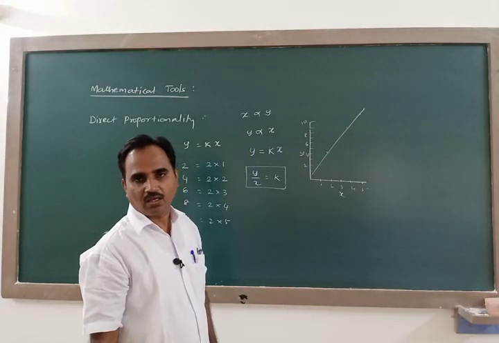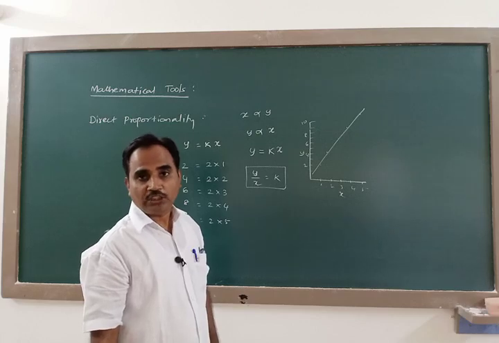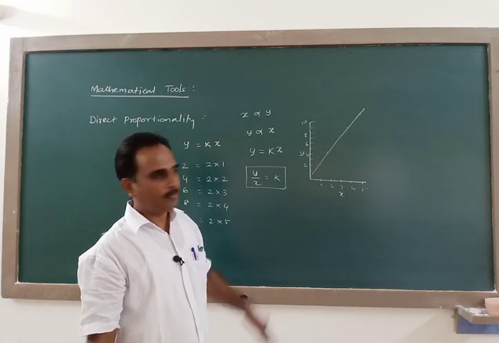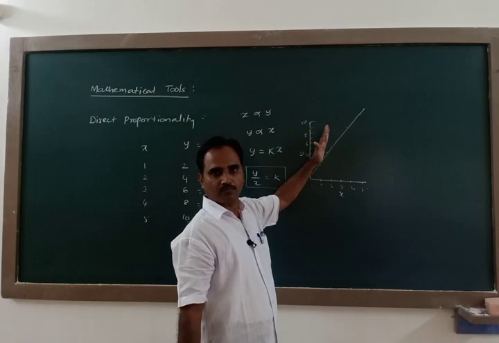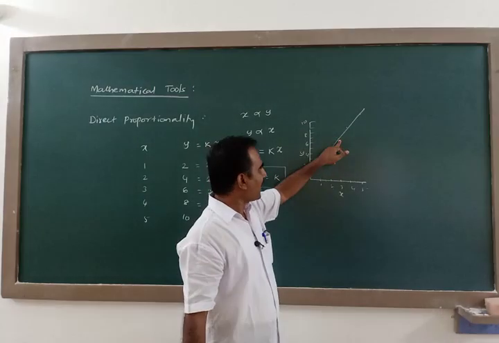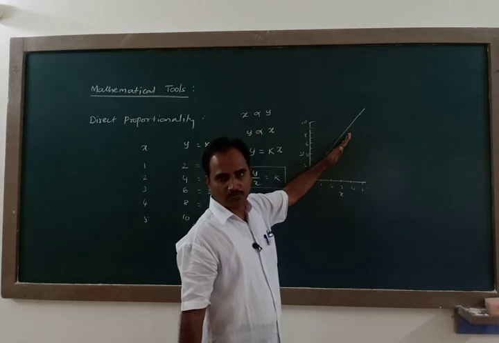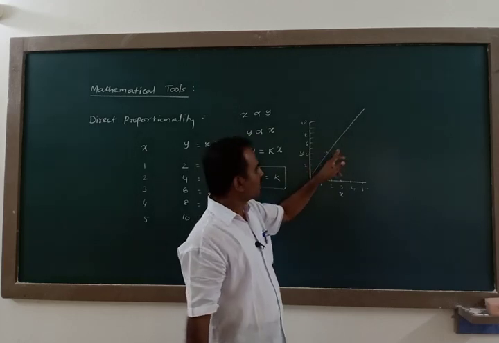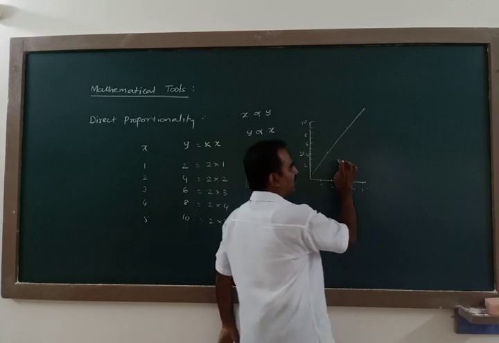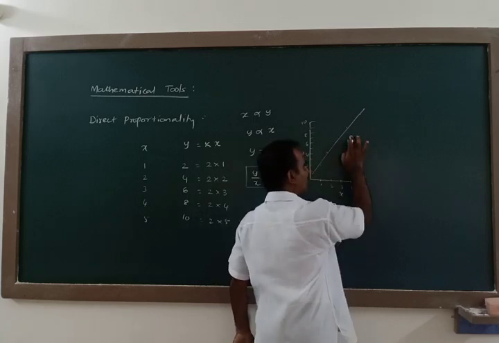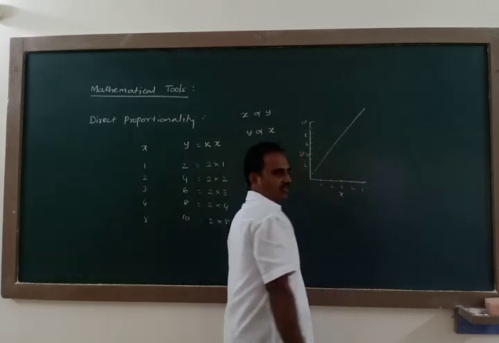Straight line with positive slope. Slope means inclination. By what angle this has been inclined with respect to the x-axis, that is called slope. So this is called a straight line. See, this is a straight line, this is a straight line, this is also a straight line.